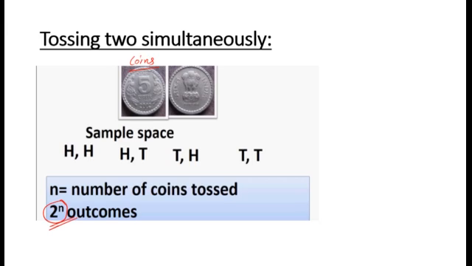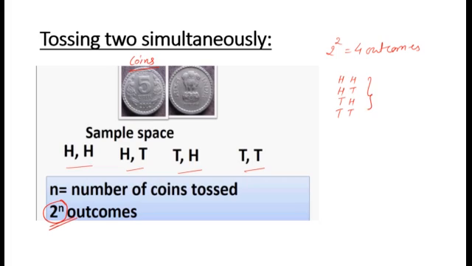So here we have 2 to the power 2, which gives four outcomes: head head, head tail, tail head, and tail tail. Basically, I used to write in this manner: 2 times head, then 2 times tail, then single time head tail and single time head tail.